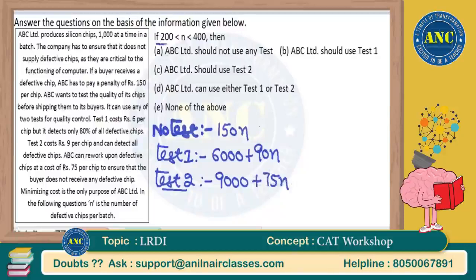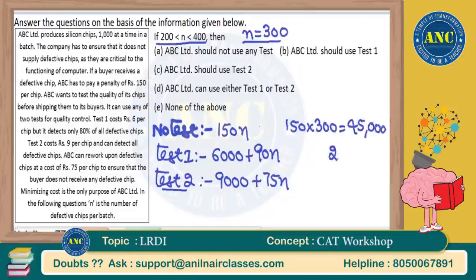If 200 is less than n less than 400, if n is 300, take a value. So this will become 150 into 300, which is 45,000. 90 into 300, 27,000 plus 6,000, which is 33,000.